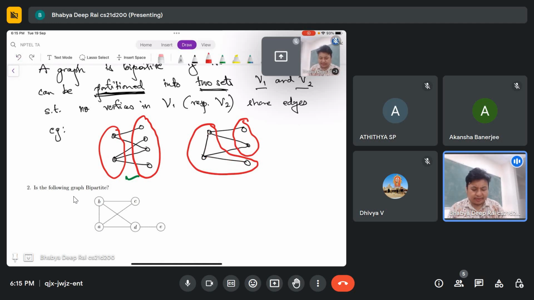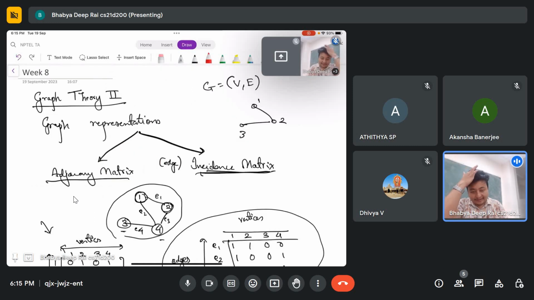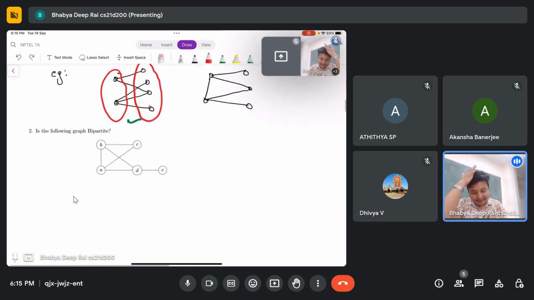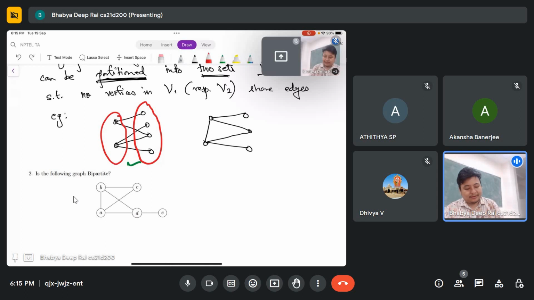So this is also not working out. You may try other things, and it's not working out. There is a fast way to check this, not in all cases, but in a lot of cases. And this graph is actually not bipartite.